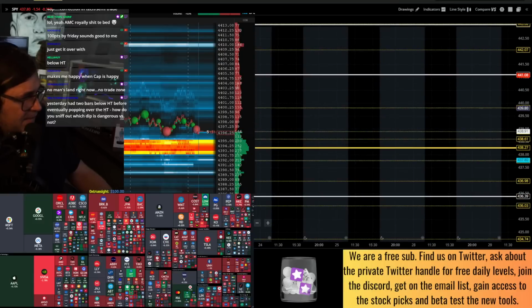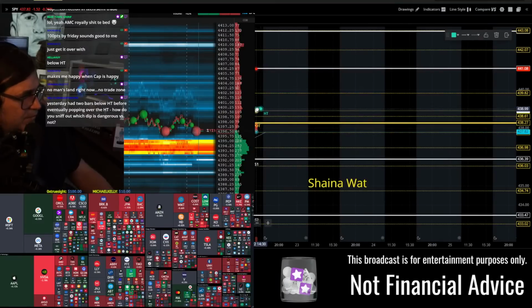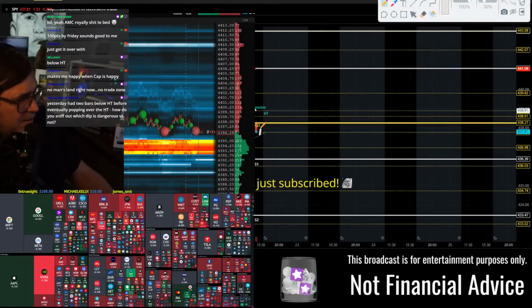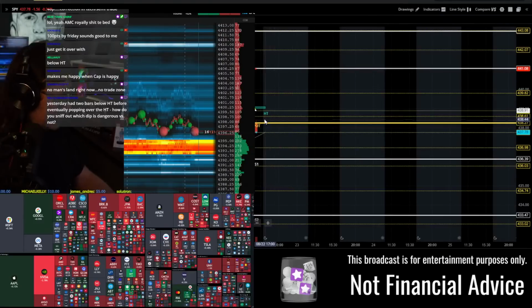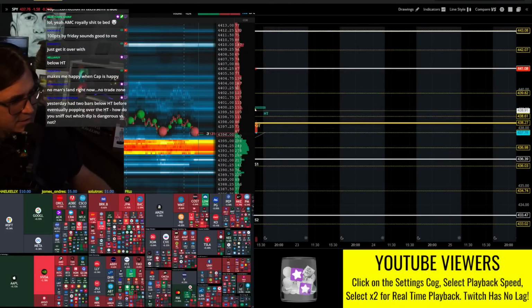So even right here, see this hourly trigger? It's right here. You're going to expect any kind of trade higher to be met with selling to the downside. So even right now, 438.61.